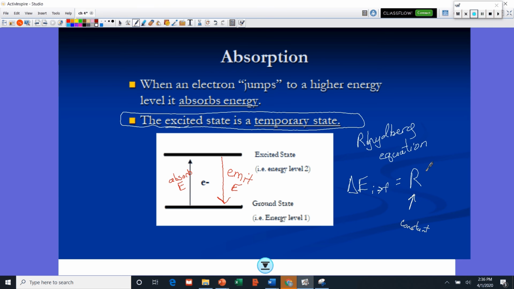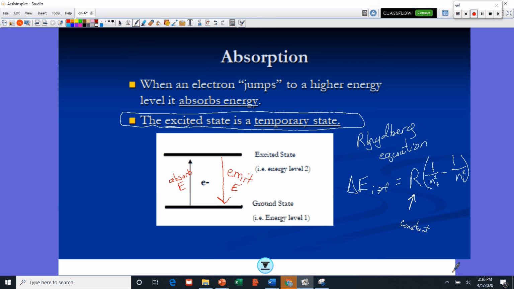So if we just solve the next part of the equation, that's all you really have to do to know the change in energy and be able to compare. So it's going to be R times 1 over N, your quantum level, squared, final, minus 1 over your original quantum level squared, initial.